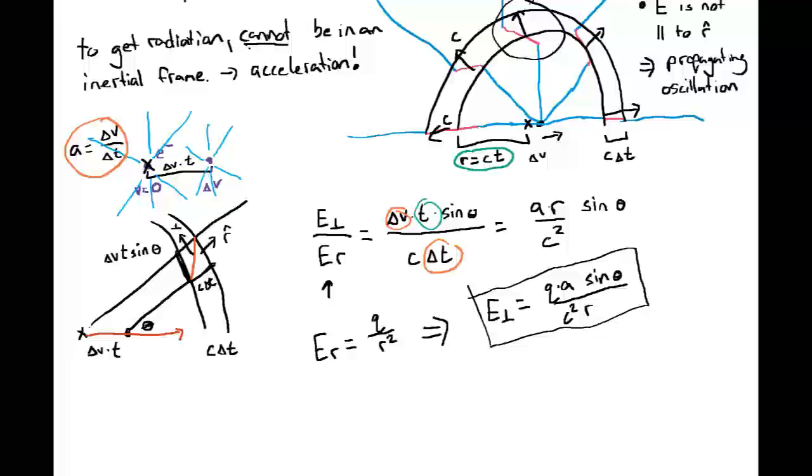We have the perpendicular component of the electric field, but we don't actually have the power that's being carried. Now, as part of our derivation of plane waves, we ended up solving for the energy density associated with the electric and magnetic fields.